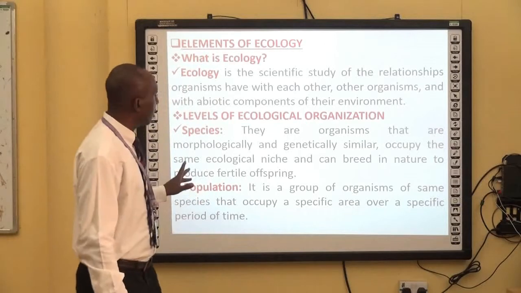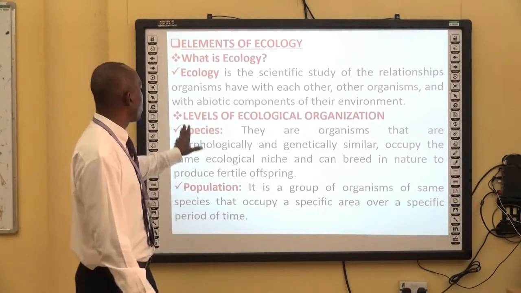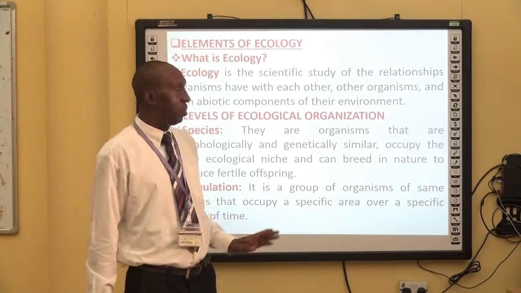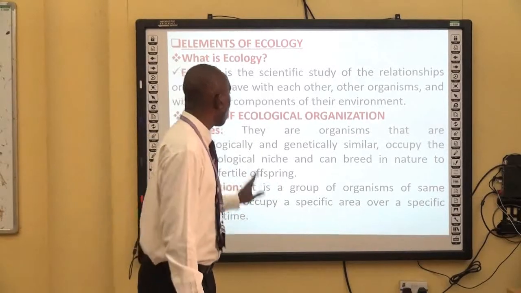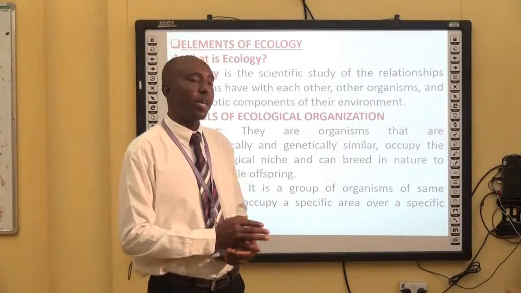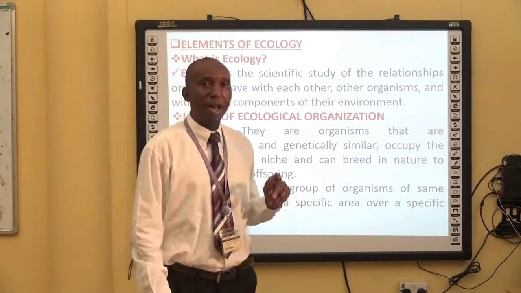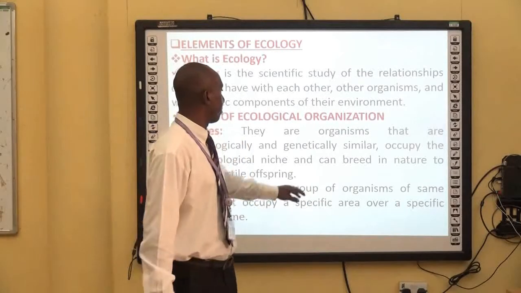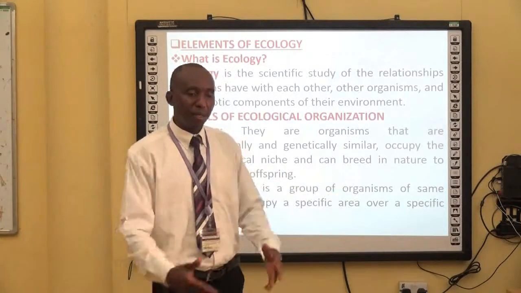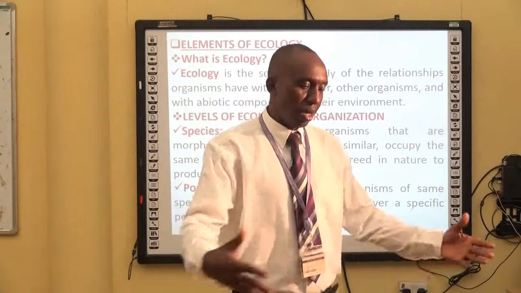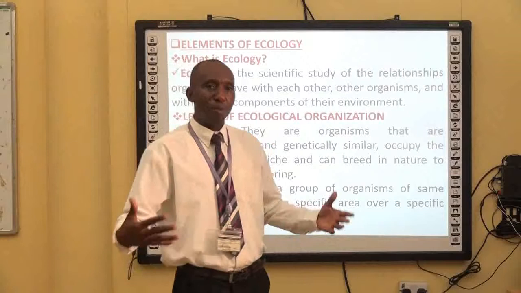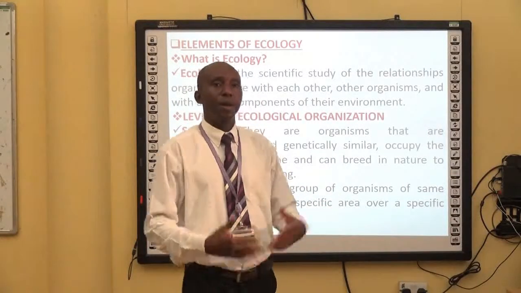After species, the next higher level is the level of population. It is a group of organisms of the same species that occupy a specific environment over a specific period of time. When you find organisms of a species in a particular environment within a period of time, we call that group a population.